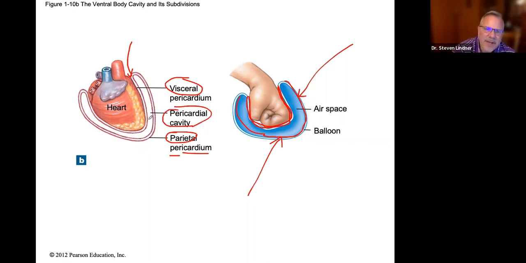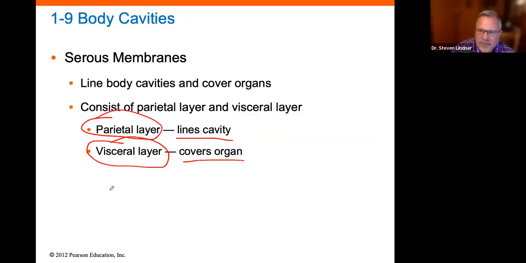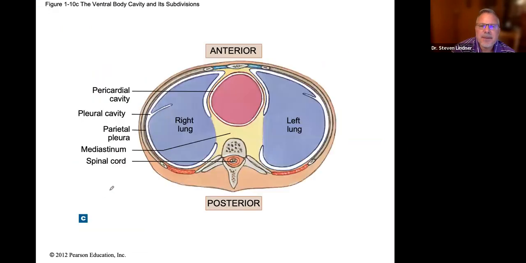That's where we're going to have a lot of fluid that's designed to cool off the heart as it's beating excessively and generating a lot of heat. Okay, so there's always a visceral layer and a parietal layer, and that holds true whether we're talking about the lungs, the heart, the pelvic cavity, or the digestive organs.